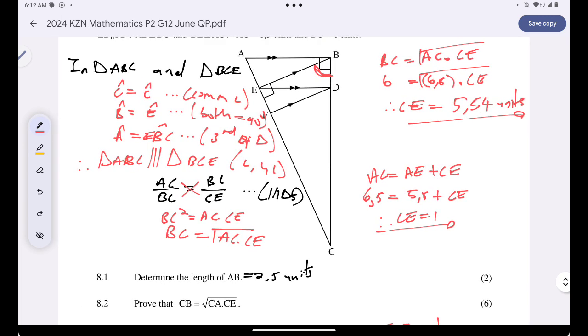Okay, now I'm asked to determine the length of EF. The length of EF. How can I do so? Okay, let me use the eraser to create some space here.